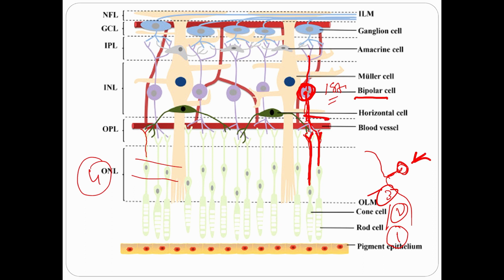So, this zone is very important where both are meeting. Who is meeting? The terminal ends of your rods and cones with the dendrites of the bipolar cells. So, multiple such connections you will see here, here, here and here.